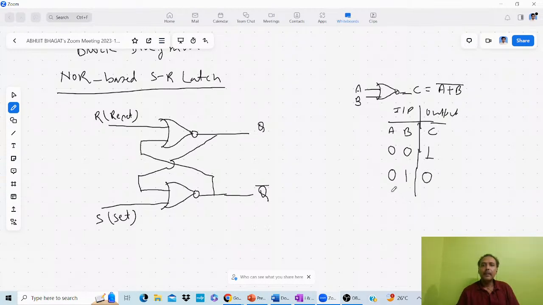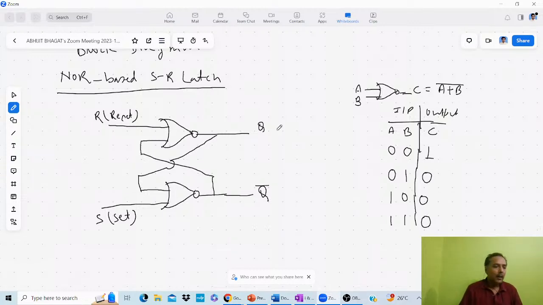Same if the input is 1, 0: 1 plus 0 is 1, then 1 bar is 0. And next is 1, 1: 1 plus 1 is 1, and 1 bar is 0. This is the truth table for the NOR.